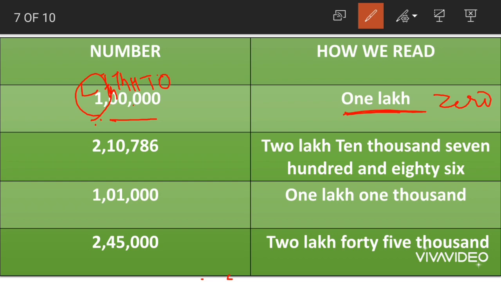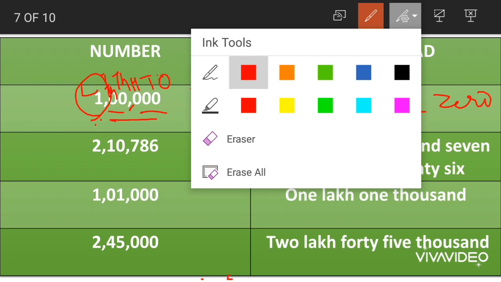Coming to the second number, 210786, and look at the commas here. We put the first comma after 3 digits, and then we put the second comma after 2 digits. See, first one after 3 and then after 2 digits.